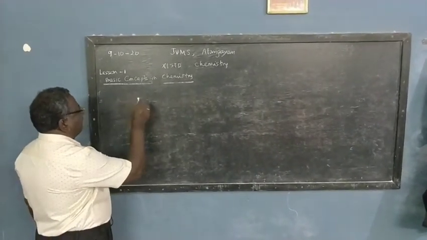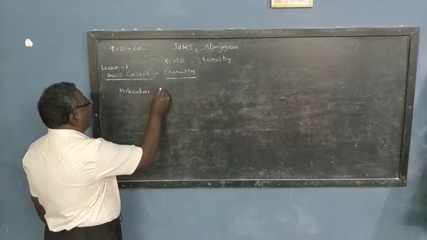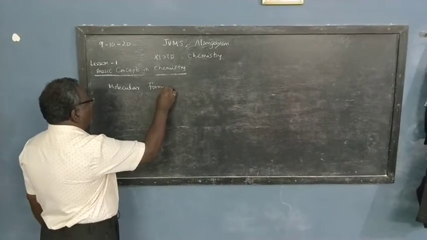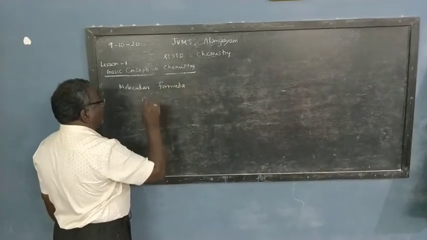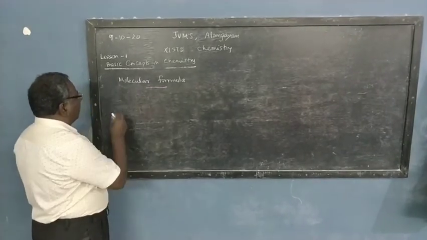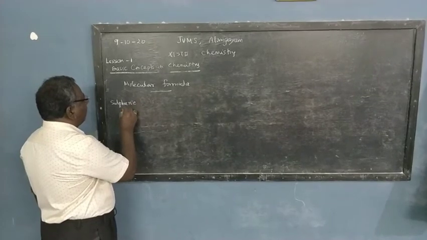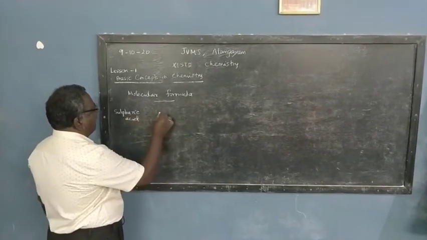So in chemistry, mostly we use the molecular formula. For writing the molecular formula, if it is sulfuric acid, first we write the elements.